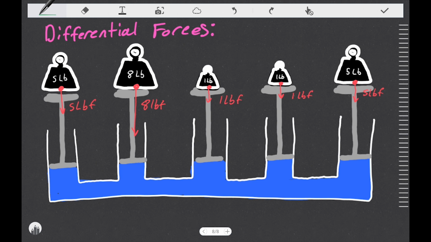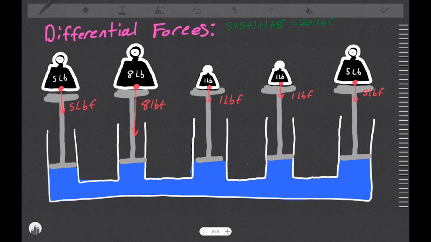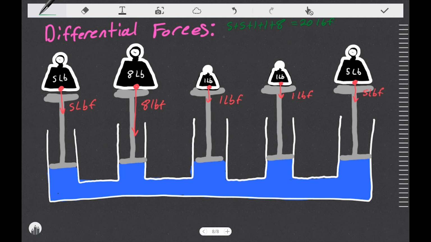So the first thing we're going to do is take all of these weights and add them up. So 5 plus 5 plus 1 plus 1 plus 8 is equal to 20 pounds. We could find an average force of gravity by dividing that 20 pounds by the 5 weights, and that's going to be 4 pounds.